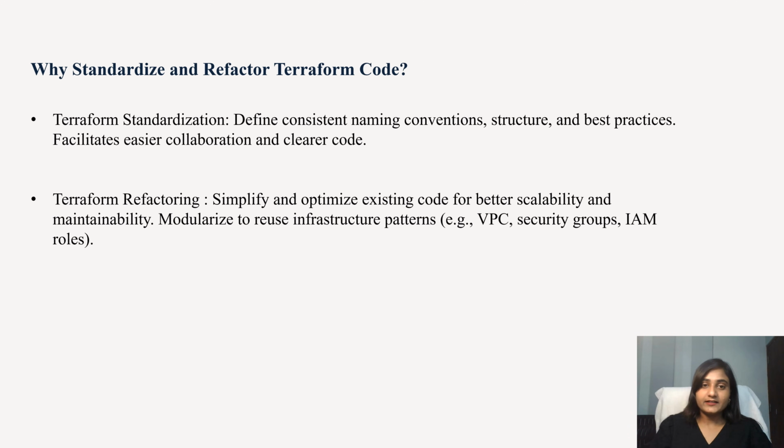On the other hand, refactoring is where you take an existing code base and make it better, simpler, scalable, and easier to maintain. For example, modularizing commonly used infrastructure patterns like VPC, IAM roles, or security groups. Think of it this way: standardization sets the rules of the game, and refactoring ensures the game is played efficiently.